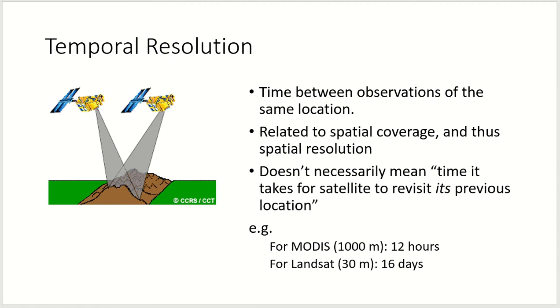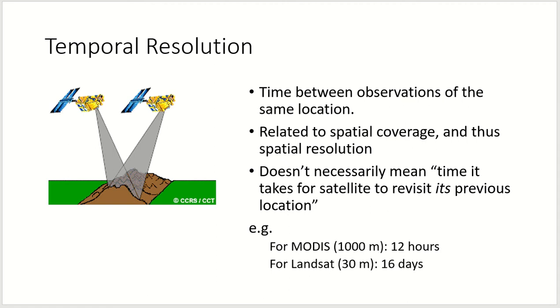This property, measured in time, is the time between observations made of the same location. It's related to the spatial coverage of a satellite or a sensor, generally related to the field of view.